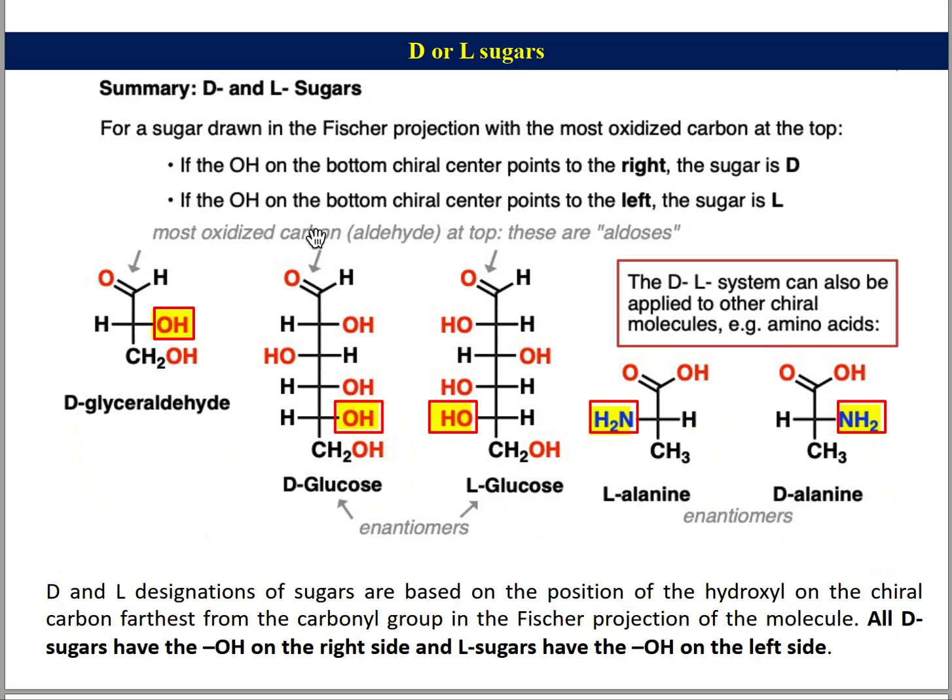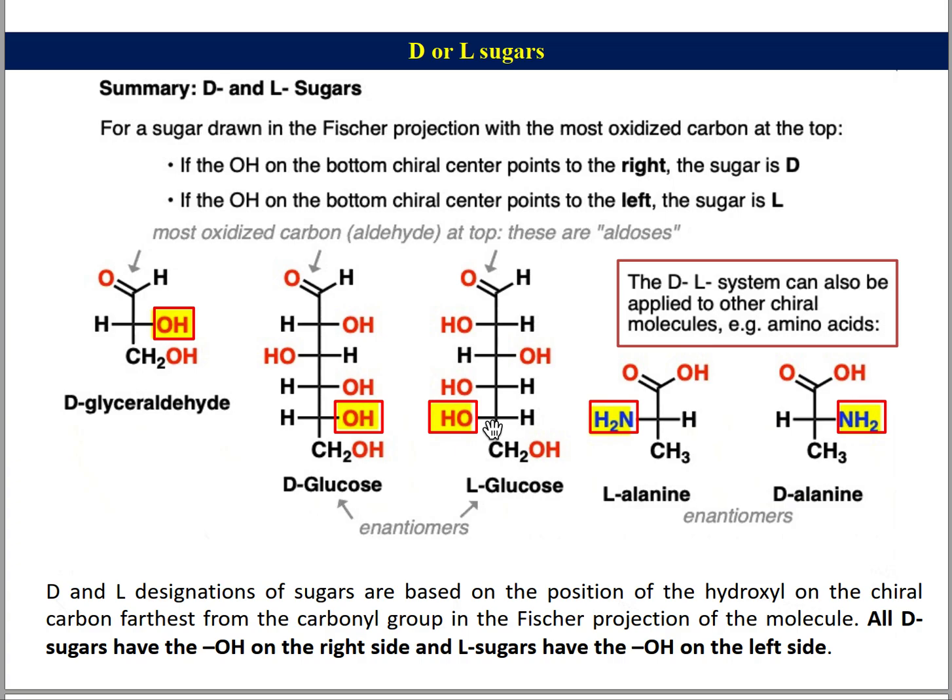For a sugar drawn in a Fischer projection with the most oxidized carbon atom at the top, these are aldoses, where the hydroxyl group on the bottom chiral center pointing to the right side is called D sugar, and if the hydroxyl group on the bottom chiral center is to the left, it is called L sugar.